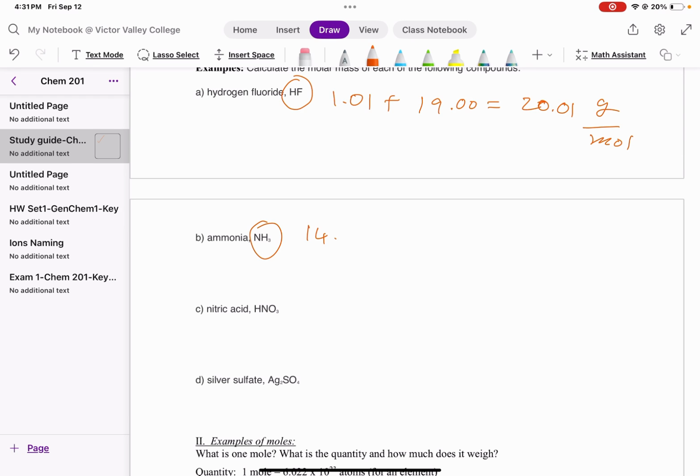So that's 14.01 for the nitrogen, 1.01 for the hydrogen, but we've got to multiply it by 3. And that makes it about 17.04. Okay, if you do the same for 1 hydrogen, 1 nitrogen, 3 oxygens, that should be 63.02.